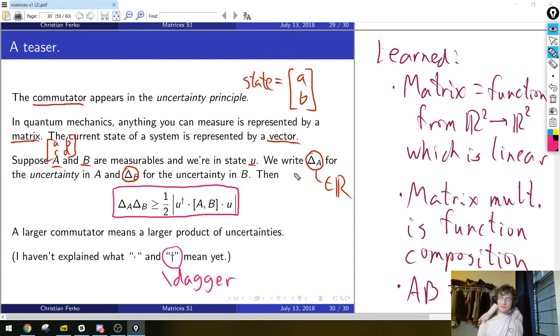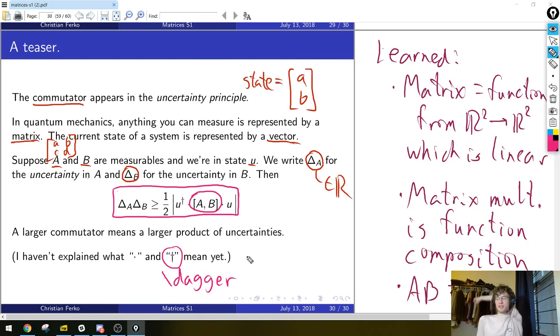But already after the first session, you can tell that since there's a commutator inside this expression, and the bars are just absolute values, and you know what an absolute value is. If the commutator is larger, so if these matrices fail to commute, then my uncertainties are bigger. So the more my matrices don't commute, the larger the error in my measurement will be.